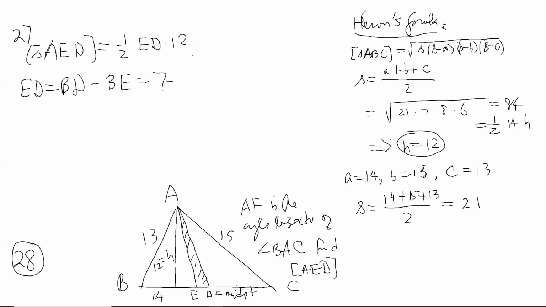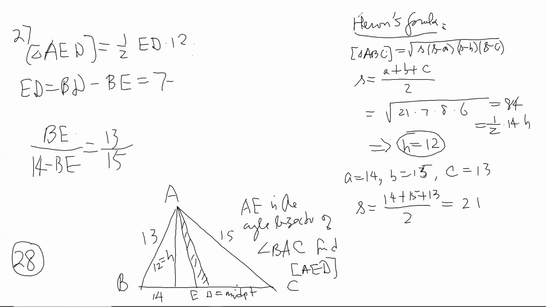You need to use the angle bisector theorem, right? Yeah. So BE over 14 minus BE is equal to 13 over 15. Is that right?